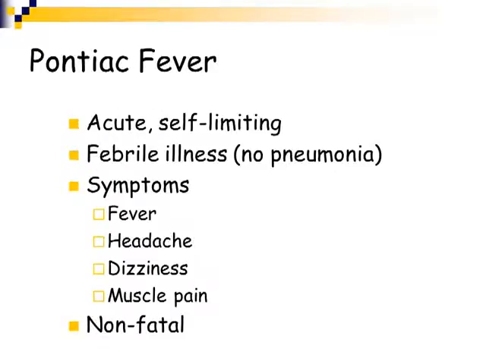Legionella pneumophila also causes Pontiac fever, which is a much more mild disease than Legionnaire's disease. It is an acute, self-limiting infection. There's no pneumonia, usually a fever, headache, some dizziness, muscle pain, and it is a non-fatal infection.